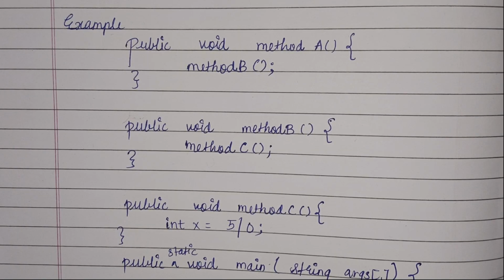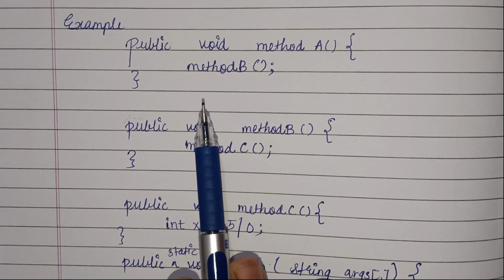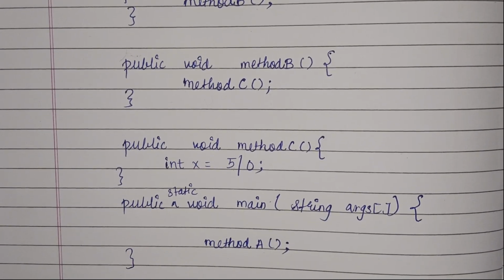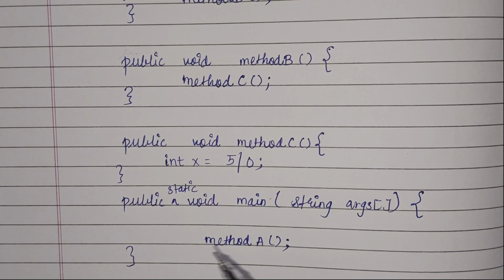Now let's see an example for the exception propagation. As you can see, I have created methods A, B, C and the main method. The program will start from the main method.